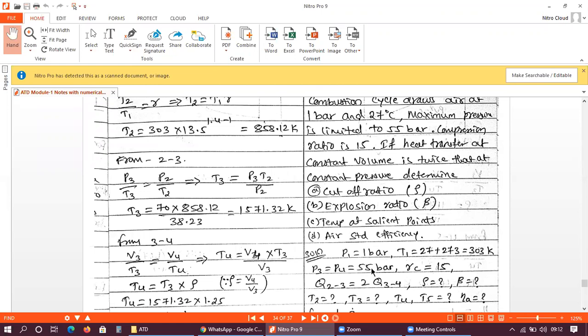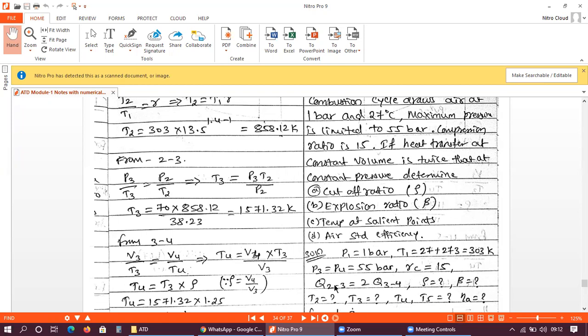The maximum pressure is limited to 55 bar. If you observe the PV diagram carefully, you will come to know P3 is equal to P4 is equal to 55 bar. Then the compression ratio is given as 15.